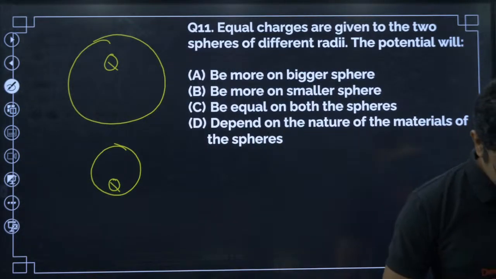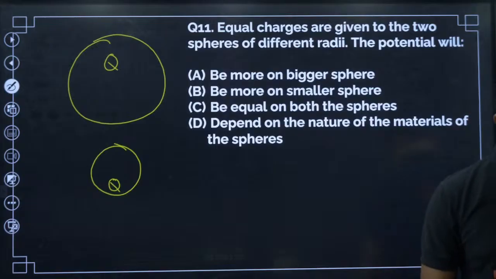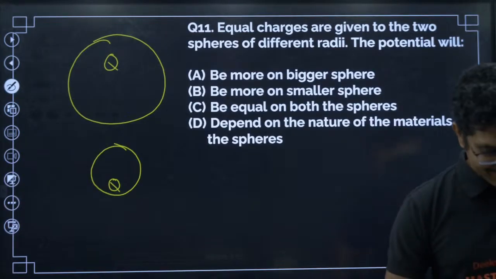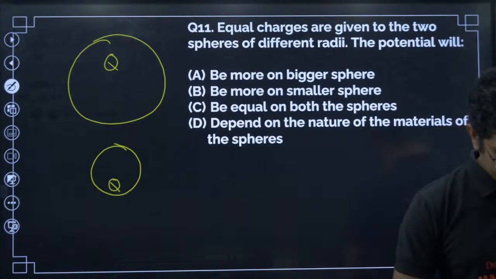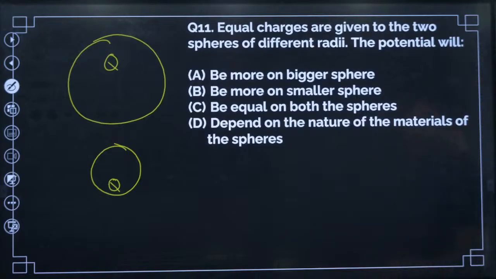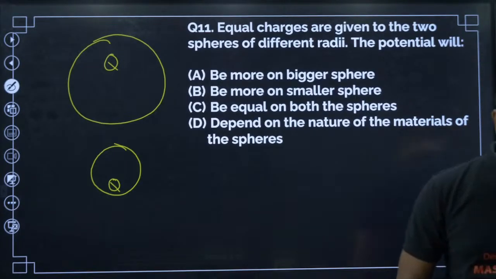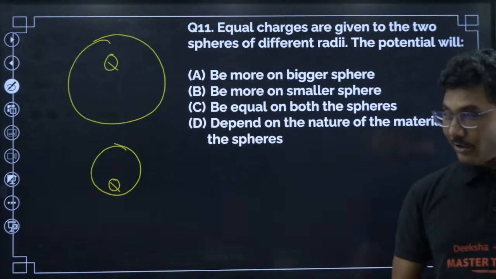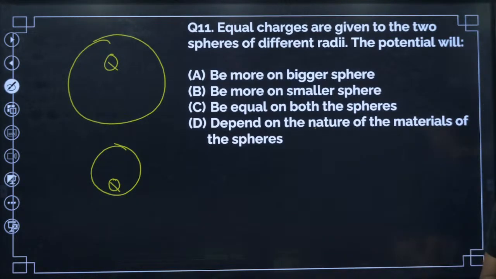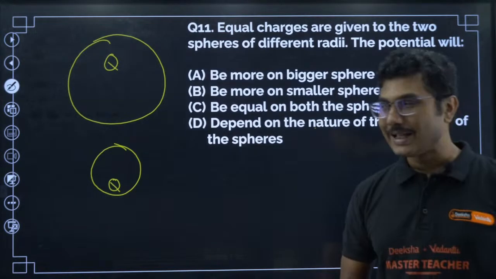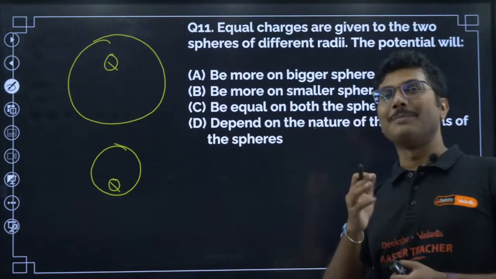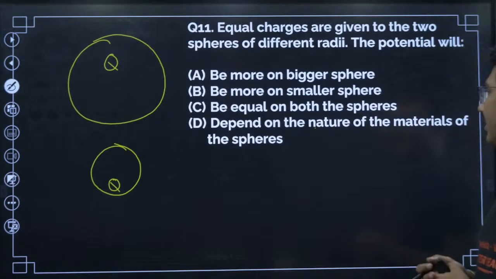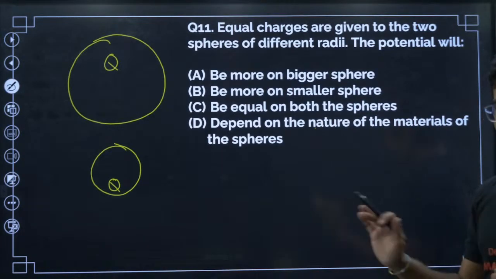So now let's see. Ganesh is saying option D. Interesting. Meghna, Rohit, everyone is saying option C. Ganesh, only option D you can eliminate easily. So be careful. It does not depend on the nature of the material of the sphere. It is independent of that.